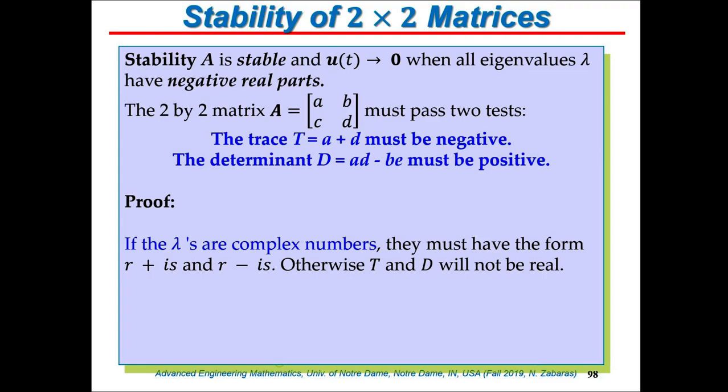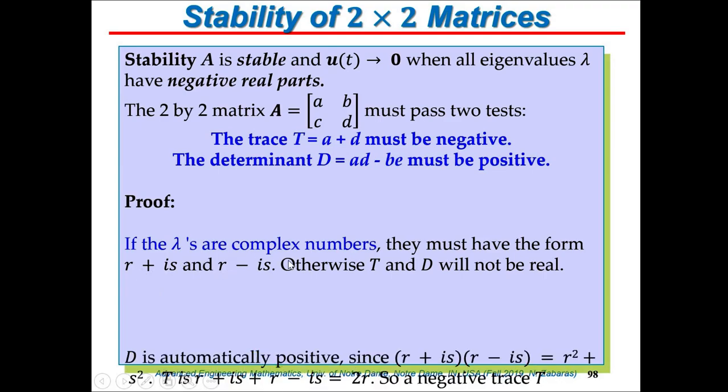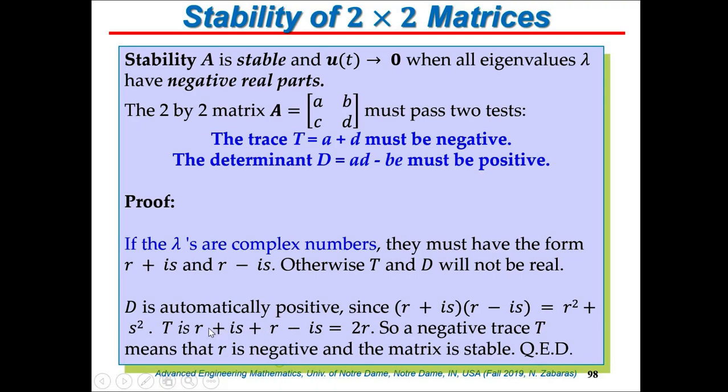Immediately you know that then r has to be negative, if the trace is negative. And if you take the product of this, the product is always positive because you're going to be getting r squared plus s squared. So in that case, the determinant is positive, which takes care of the second statement that you see here.